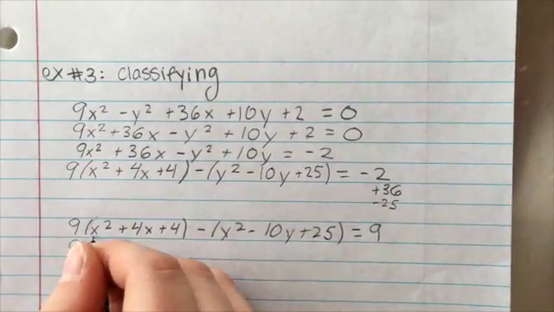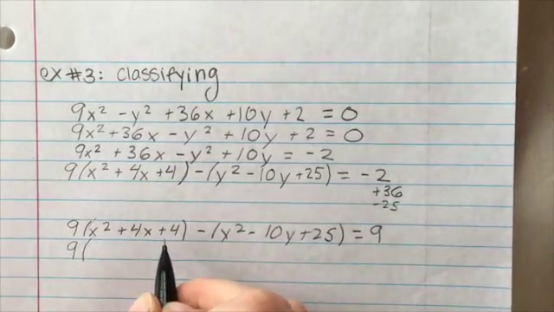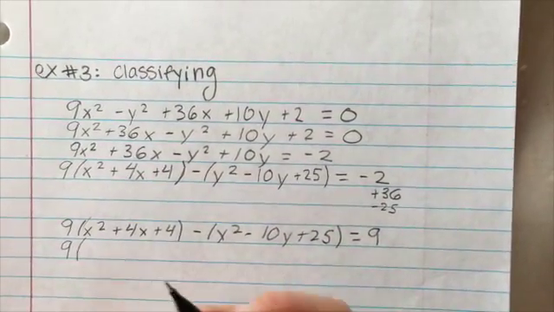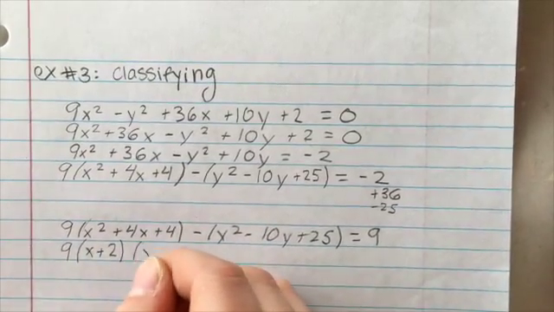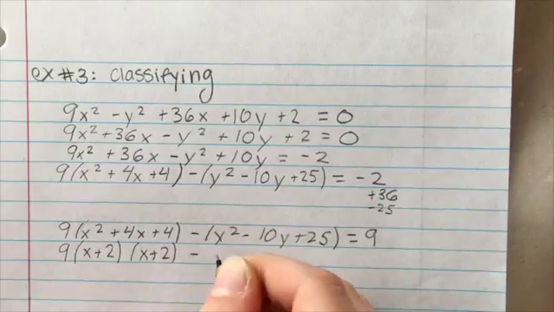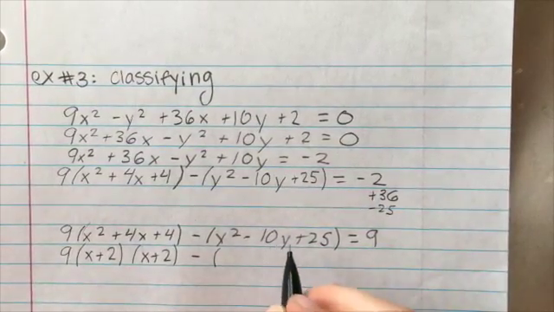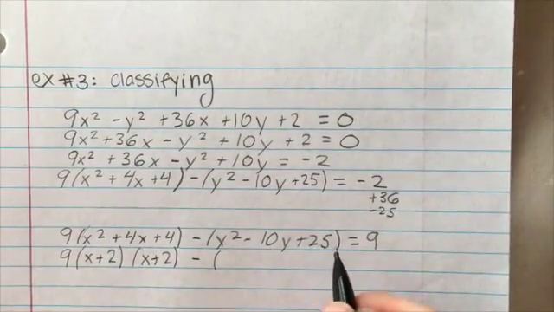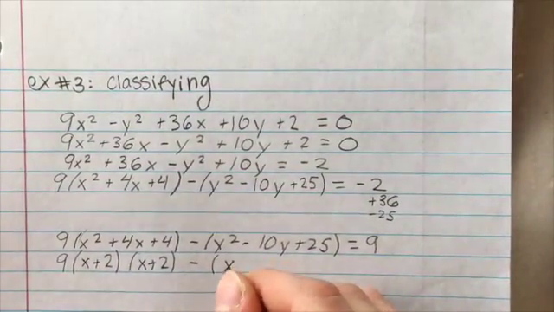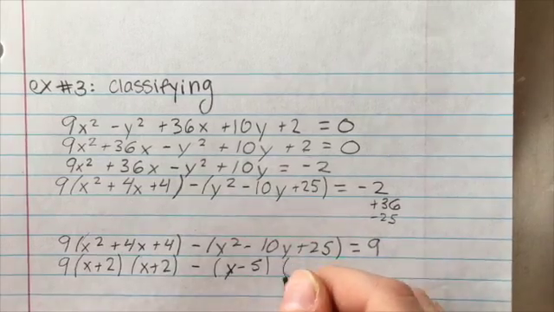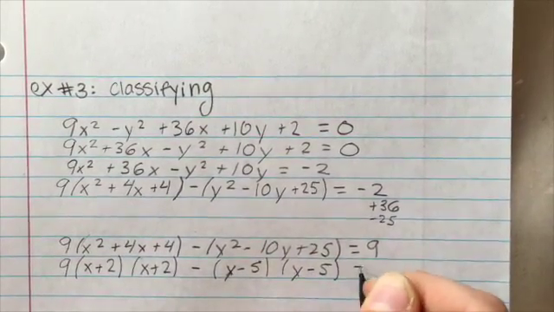What multiplies to equal 4 and adds to equal 4 is going to be 2. So x plus 2, and then an x plus 2. And then right here, what adds to equal 10 and multiplies to equal 25 is going to be negative 5. So y minus 5 times y minus 5 equals 9.